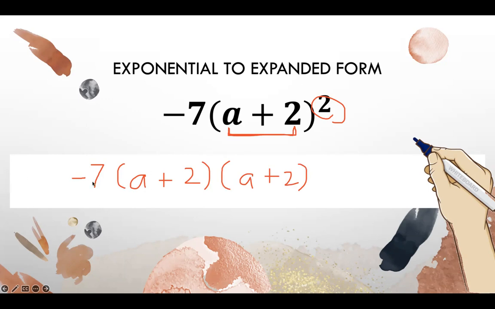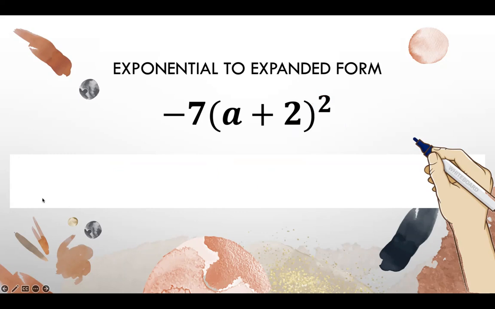Negative 7 times the quantity of a plus 2 times the quantity of a plus 2. Okay, so again, be careful. Negative is not being raised by an exponent. Same with 7. The only thing that is being raised by the exponent 2 is the numbers inside the parentheses.